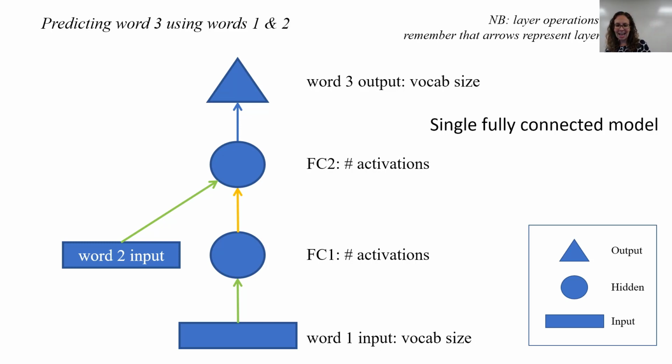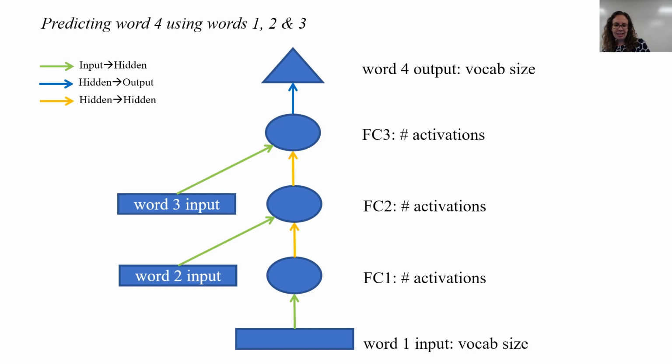Then we can extend this. Word 1, we multiply by the green matrix, do a nonlinearity, multiply by the orange matrix, and combine that with word 2, having been multiplied by the green matrix. Then we want to bring word 3 in. So word 3 will be multiplied by the green matrix.